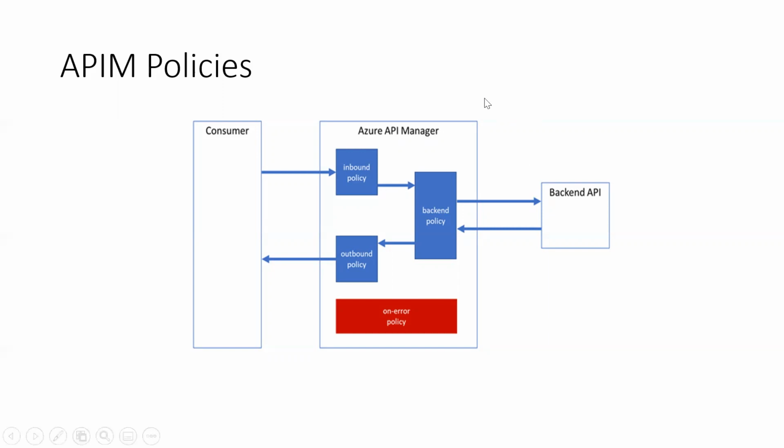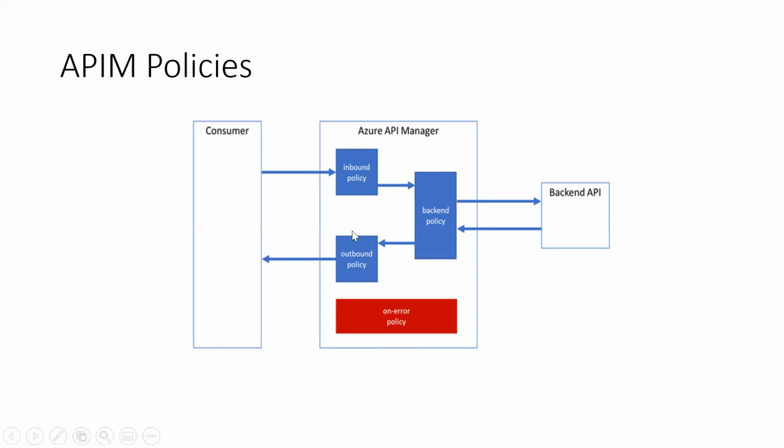You can add the XML configuration in the inbound policy, backend policy, or the outbound policy. If you see an error while processing your request or sending out the response to the consumer, you can add a policy in the on-error section, where it will tweak the response and give it to the user in a meaningful way.